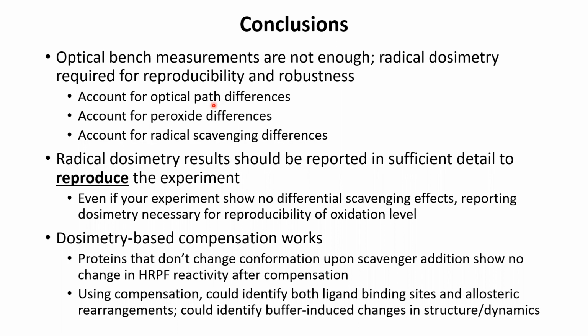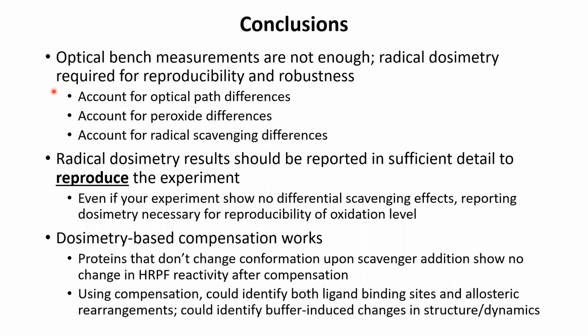And every time that we use a different piece of fused silica, we're changing the optical properties of our optical bench, because the fused silica itself can diffract the light. It can even in some cases focus the light. And different pieces of fused silica are going to have slightly different properties because fused silica is not made to do this accurately and reproducibly. All of these differences will impact the amount of hydroxyl radical that you make and that you deliver to your analyte. All of these effects can be measured using radical dosimetry.